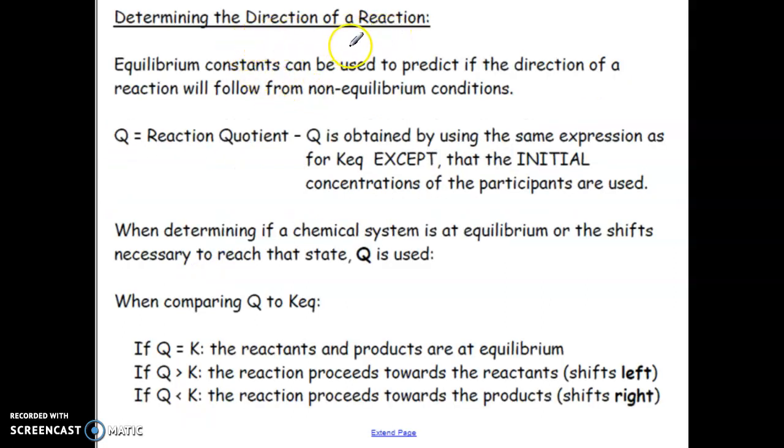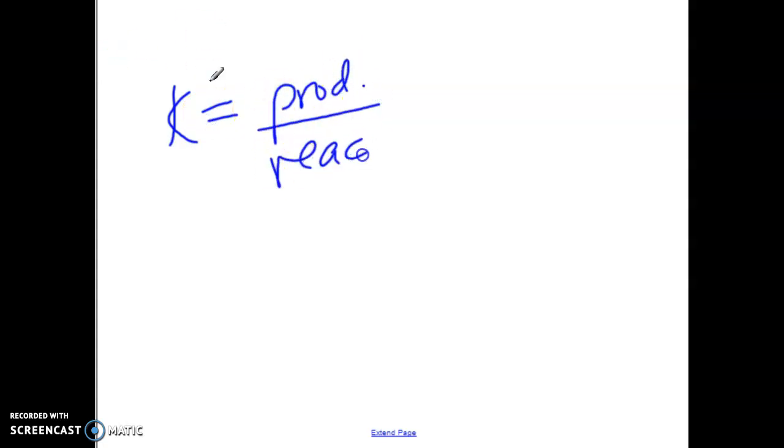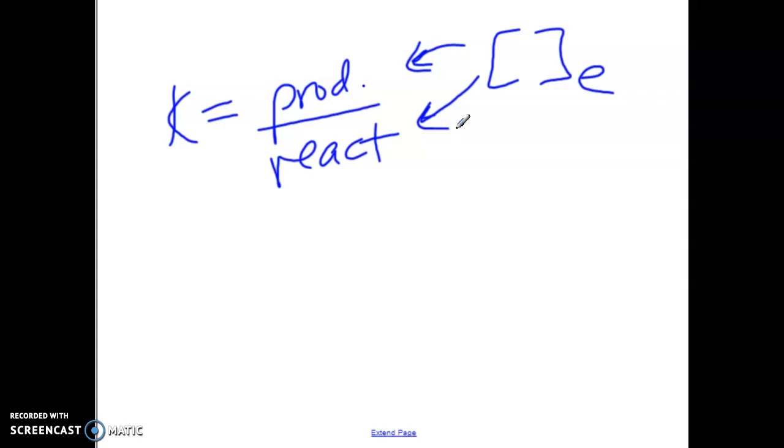So let's say you have a scenario where you may or may not have an equilibrium. Remember your K value: technically, your K value can only have equilibrium concentrations within it. When you're setting up your K, you have your products over your reactants, and the concentrations that you plug in here have to be concentrations at equilibrium, right?